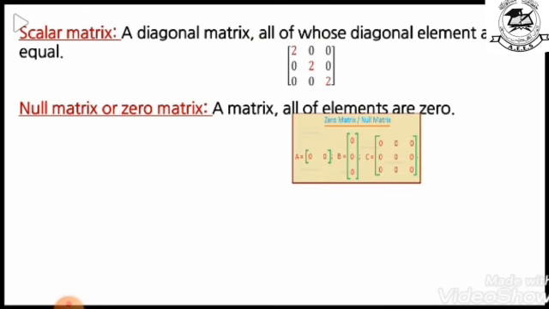A matrix, all of whose elements are 0. Means we have all elements 0. This type of matrix is called zero matrix or null matrix.